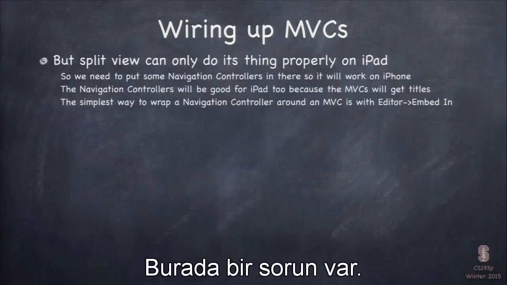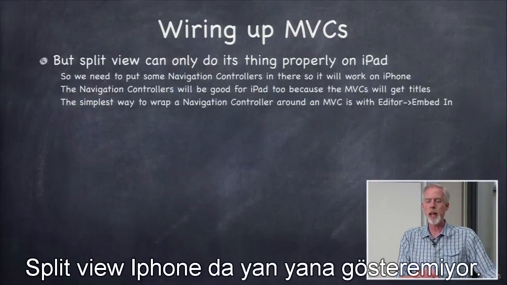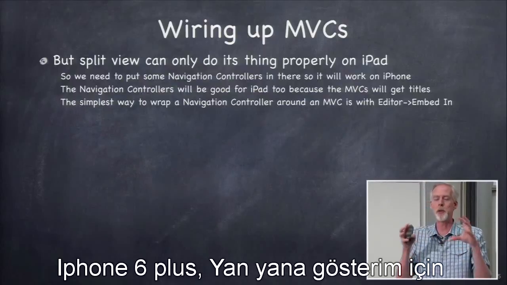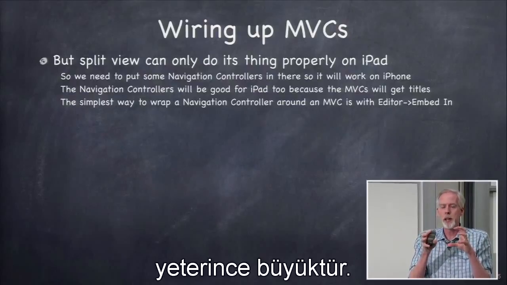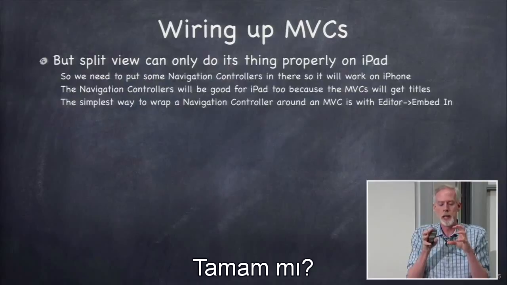Okay? But there's a problem here, which is that a split view can't display side by side on an iPhone, or at least not anything but an iPhone 6 Plus. That's the only one big enough to really display side by side. So a split view really can't work on an iPhone. Okay?